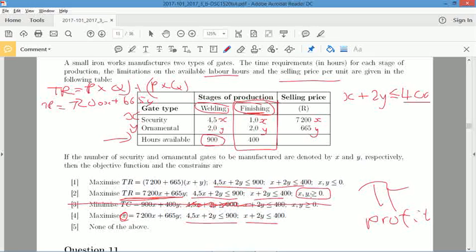Yes, because x and y denote the number of security gates. Can I have a negative amount of security gates? No. Either you have security gates or you don't. So both x and y, i.e. the gates, in terms of quantity, need to be given as a positive value. So 2 is the correct answer for this one.